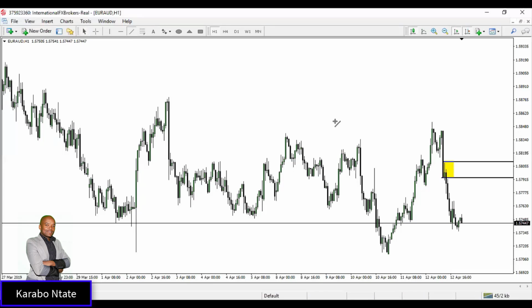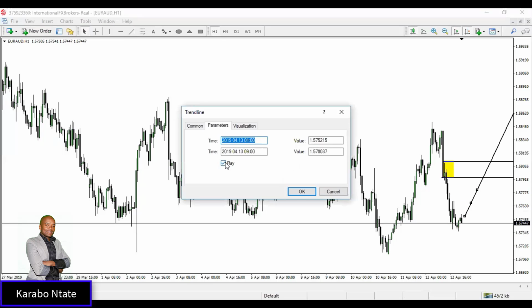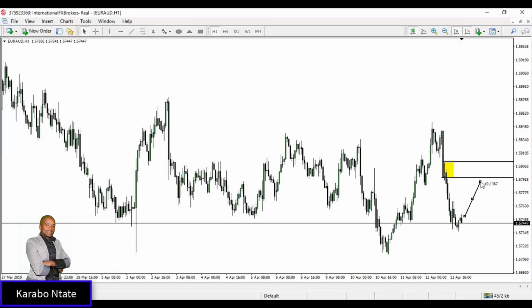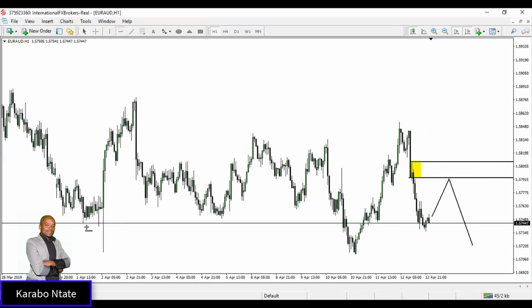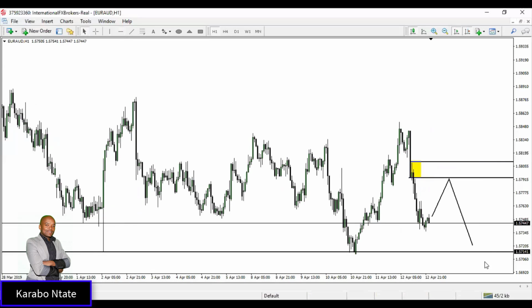So price is likely to go and retest that level before dropping again. So what I'm actually looking at here, I'm looking for a target down at these lows.